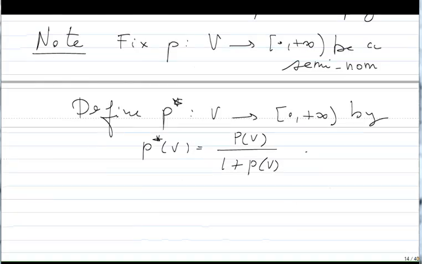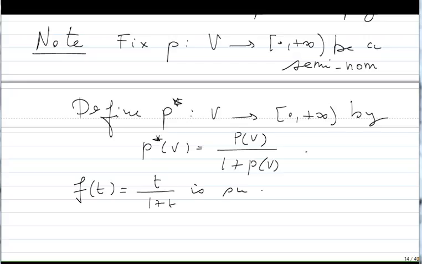If you have a distance, you can generate a new distance using the same property. And the reason is because the function f of t equals t over 1 plus t is subadditive, and that's why it allows for a new distance.